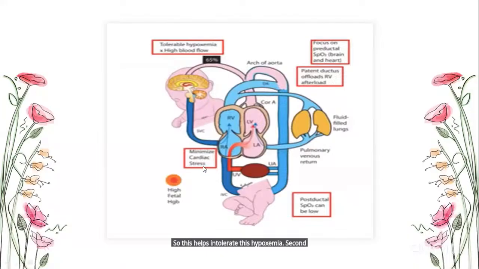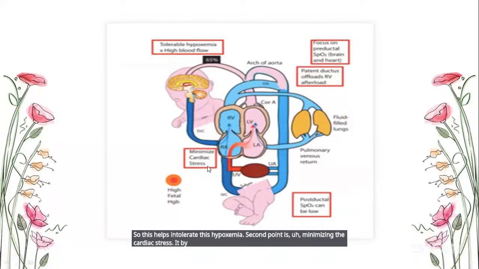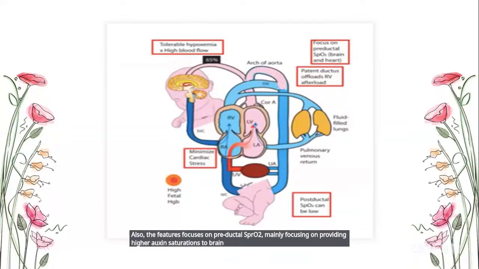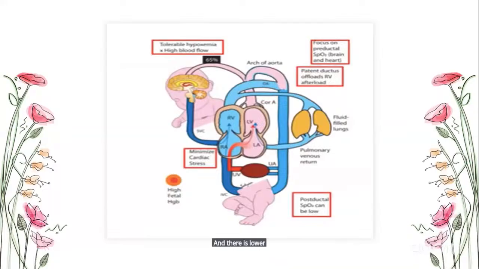The second point is minimizing the cardiac stress. It bypasses the high resistance pulmonary circulation through the PDA and offloads the RV through the patent ductus arteriosus. Also, the fetus focuses on preductal SpO2, mainly providing higher oxygen saturations to the brain and heart, and there is a lower, tolerated oxygen level in the postductal organs.